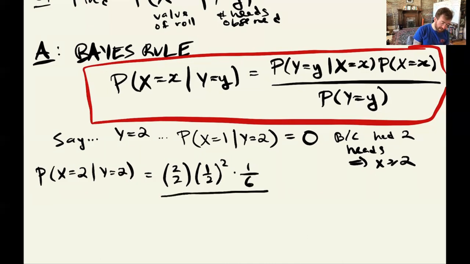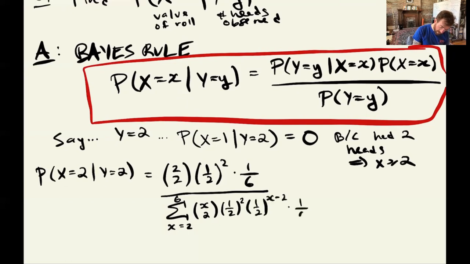And then I need to divide this by all the ways in which y could equal 2. Well, what that amounts to doing is computing the sum from x equals 2 to 6 of x choose 2. I got 2 heads, so that means 1/2 squared. And then I got the remaining x minus 2 tails.